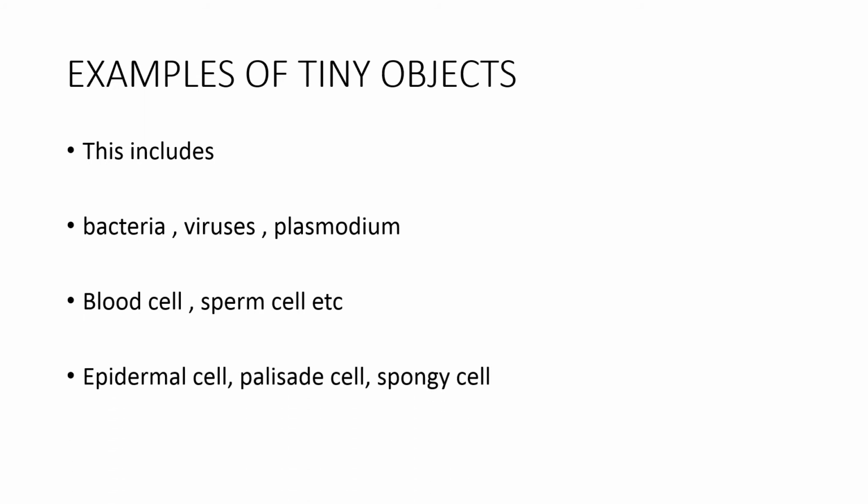Then we have cells also like the epidermal cell, found in plants, and then palisade mesophyll cells and spongy mesophyll cells. So these are all cells, from bacteria, plasmodium, viruses, blood cell, sperm cell, epidermal cell, palisade mesophyll.